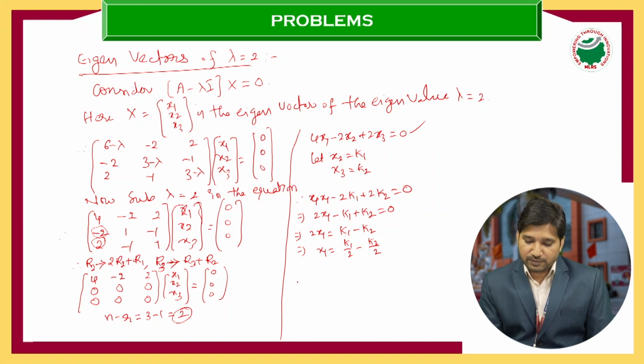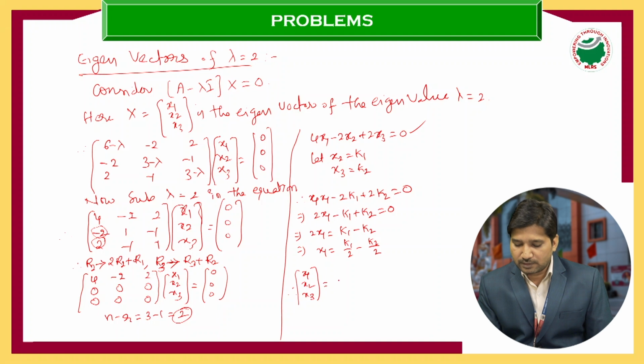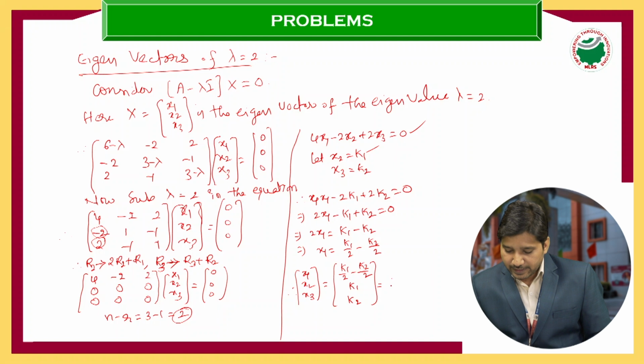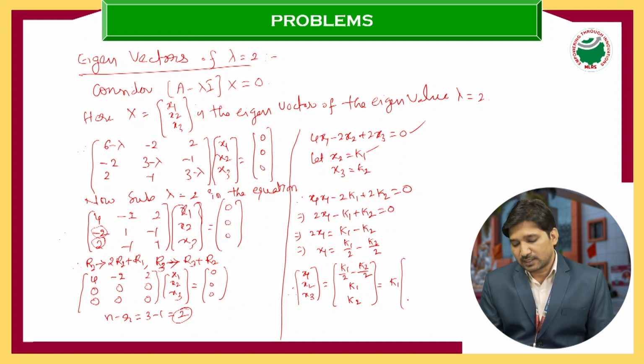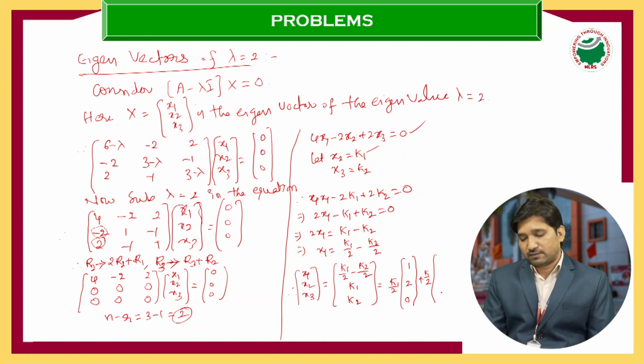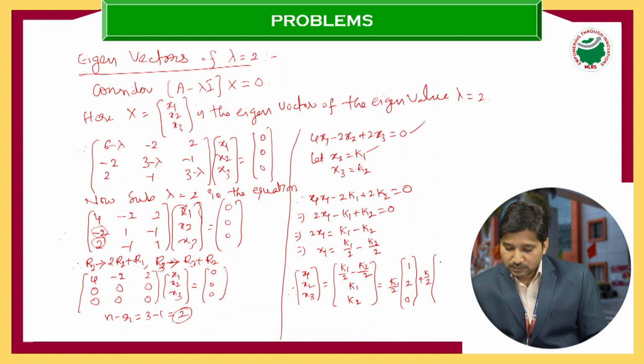Now, therefore, the eigenvector x1 x2 x3 is equal to: x1 is k1 by 2 minus k2 by 2, x2 equals k1, x3 equals k2. Now take k1 by 2 as a common factor of the matrix, that is 1 2 0, plus k2 by 2 as a common factor of this one also, minus 1 0 2.